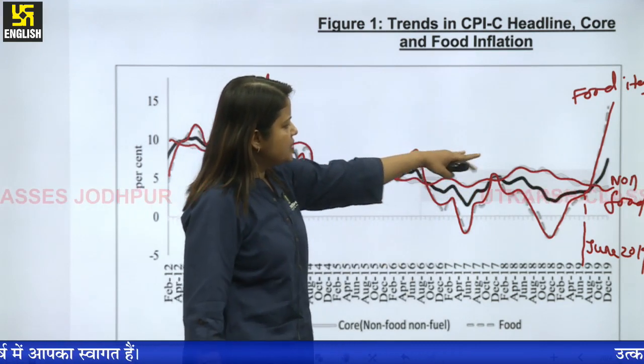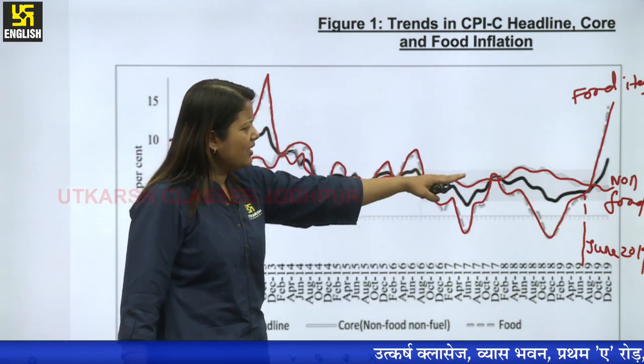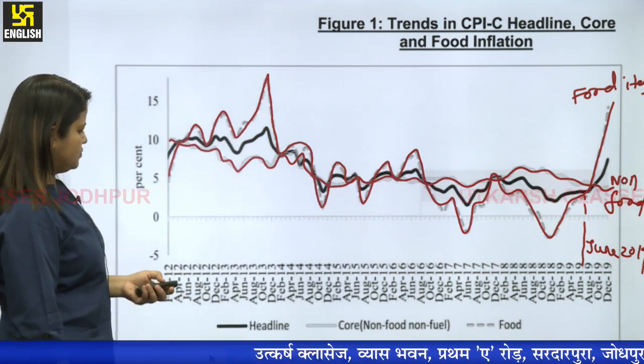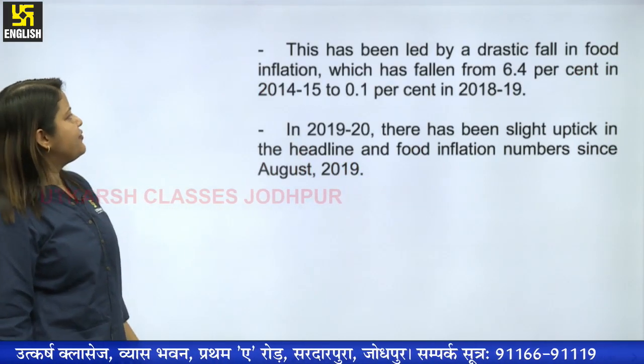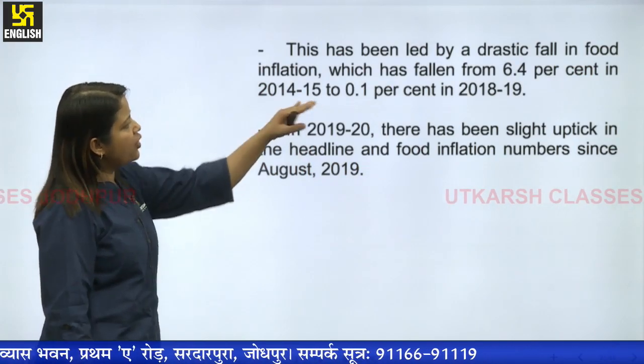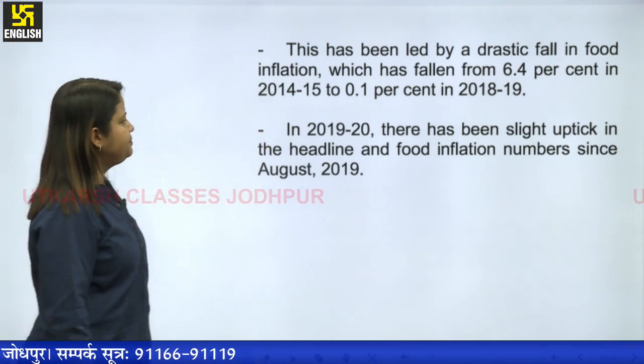So food items showed an upward trend, and non-food items did not increase much. This has been led by a drastic fall in food inflation, which has fallen from 6.4% to 0.1%.